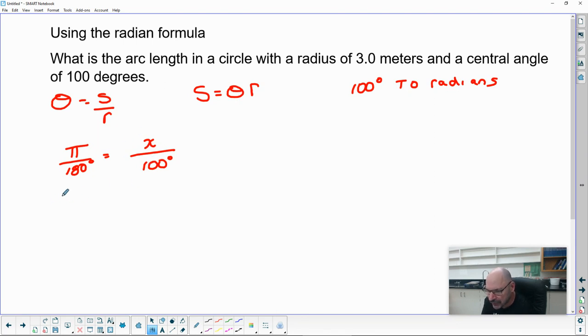So we're going to multiply this and say pi over 180 times 100, or 100 pi, equals 180x. So we're going to take 180 out. This one's easy to reduce. If you take 10 out of both, you get 10 over 18, and then 2 out of both, 5 over 9.